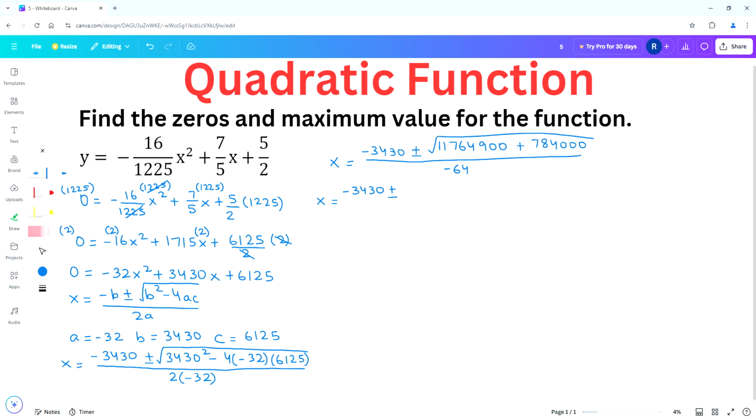Now we can add the numbers. I get 12,548,900.